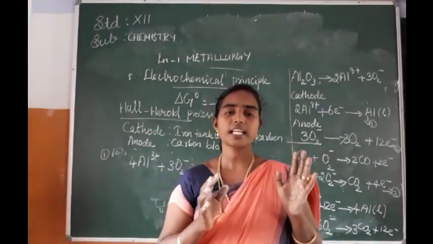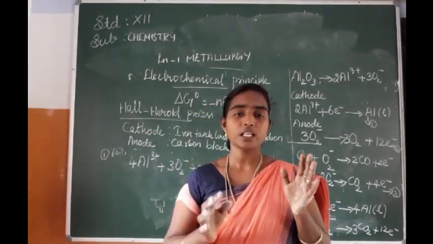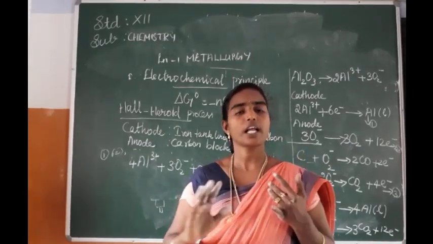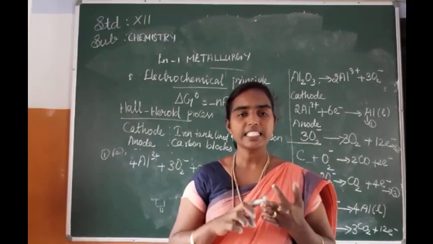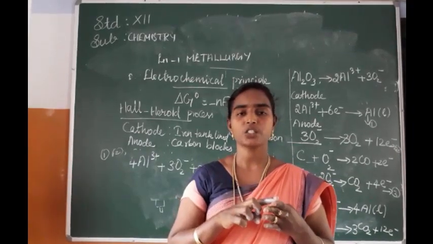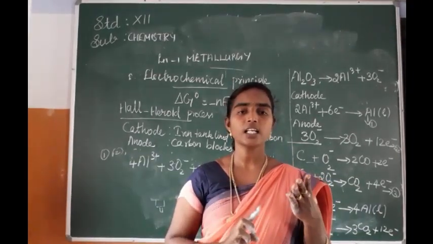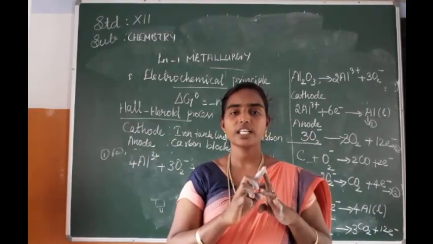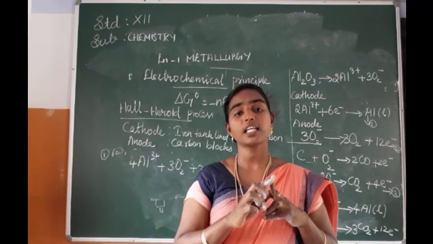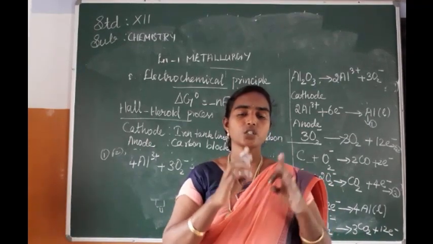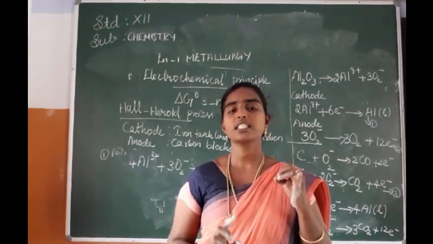This concentration of ores is done by gravity separation or hydraulic wash, froth flotation method, leaching and magnetic separation. 4 methods are there. Among them, froth flotation, a book back question: which type of ores can be concentrated by the froth flotation method? The only answer is sulfide ores.